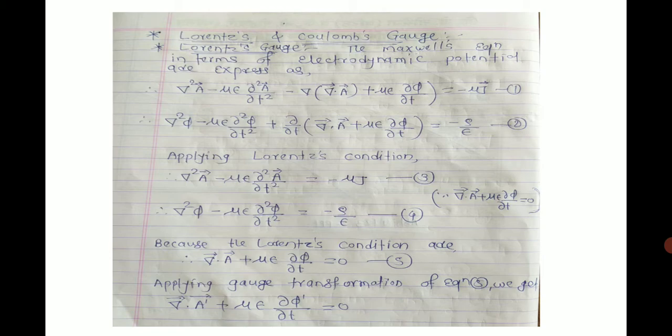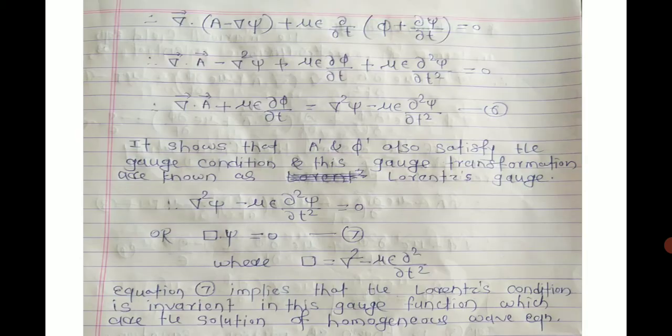Next, we put the values of A dash and phi dash from the gauge transformation. Del dot A dash, that is A minus del psi, plus mu epsilon dabba by dabba t of phi dash, that is phi plus dabba psi by dabba t, is equal to 0.